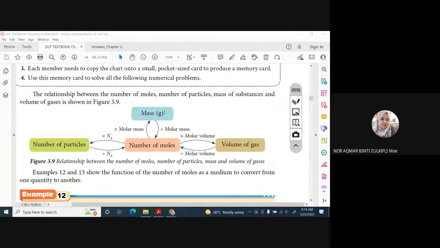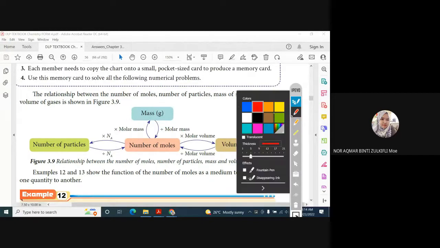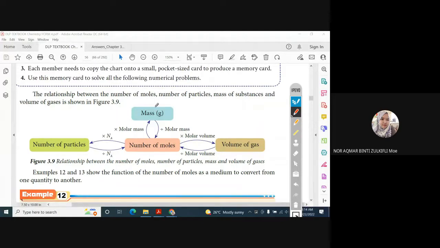So we have learned yesterday mass and moles. This one I told you you must memorize.